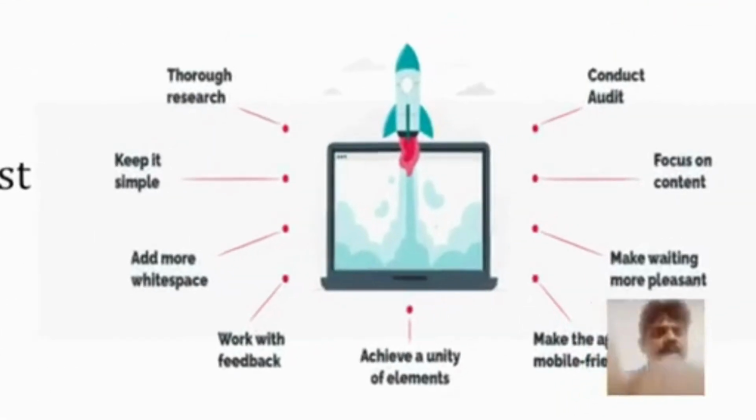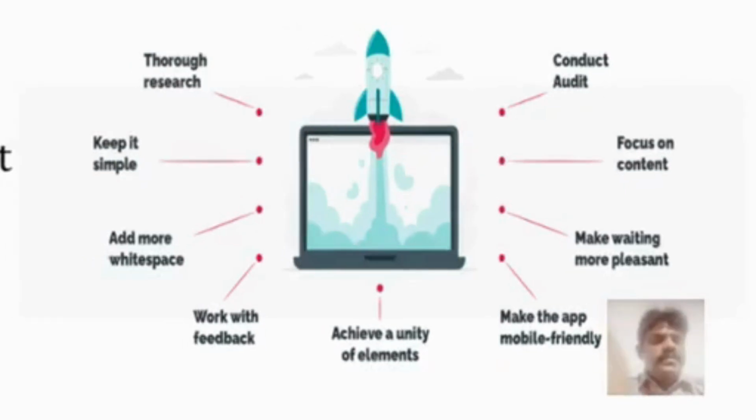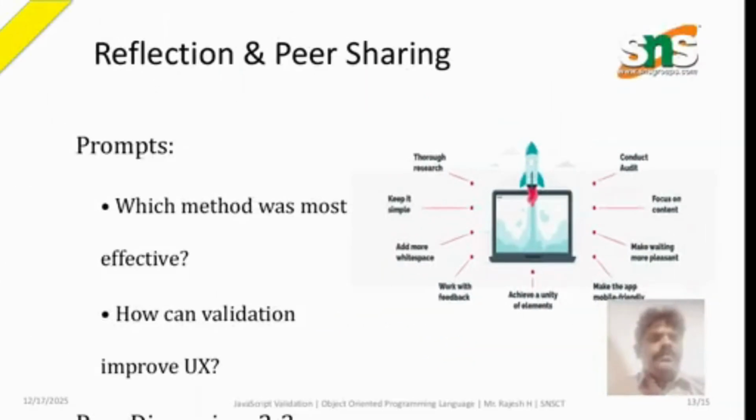If you see the diagram, we have to conduct audits regularly, focus on the content, make waiting more pleasant, and the mobile application must be user friendly. All the content elements should be uniformly integrated, the feedback mechanism should be incorporated, and white spaces could be added. Keeping it simple is more effective.